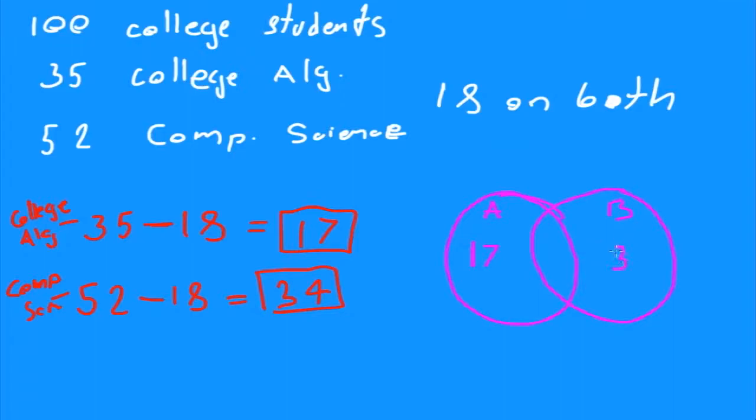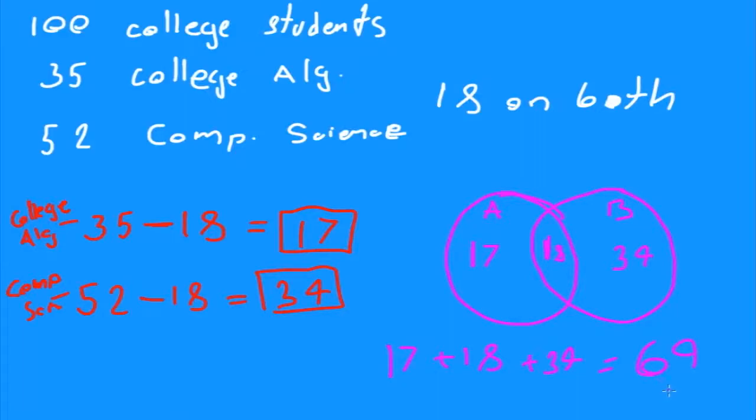And at B we have 34. And here in the middle we have 18. So in order to get all of them, we just add them, right? So 17 plus 18 plus 34 is going to be equal to 69. And that's how many students we have in both of them.